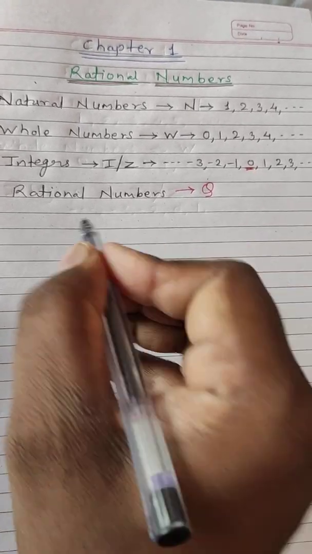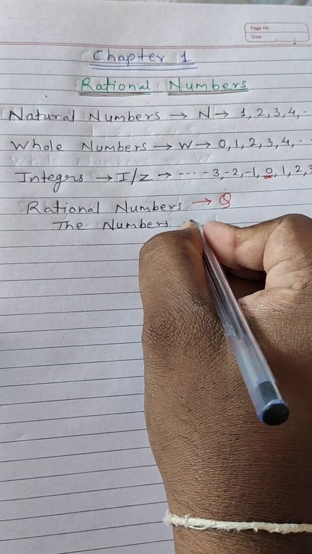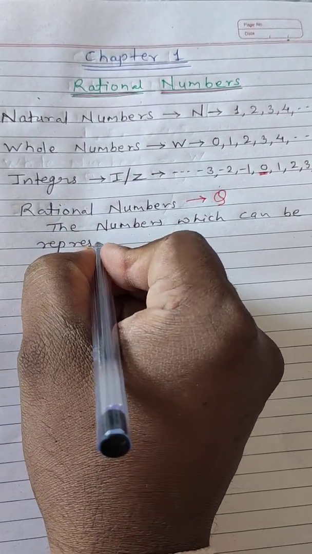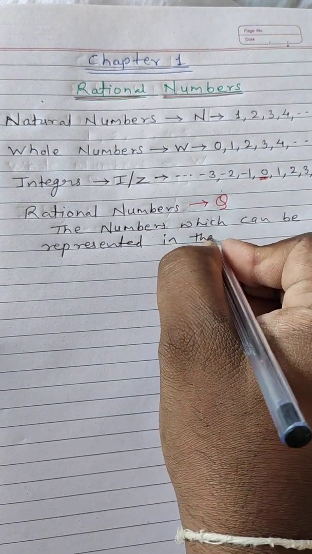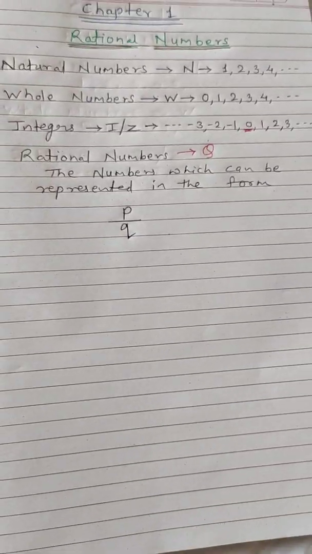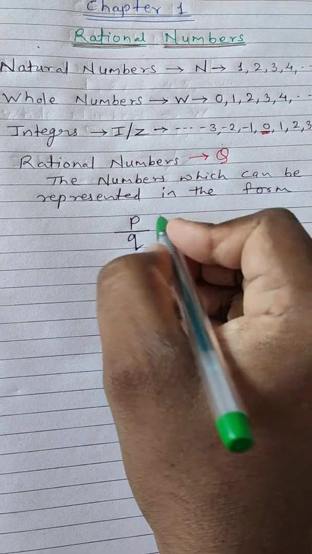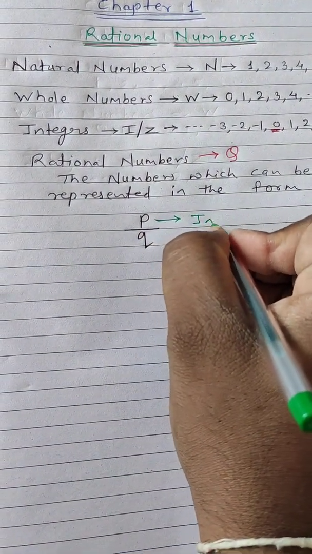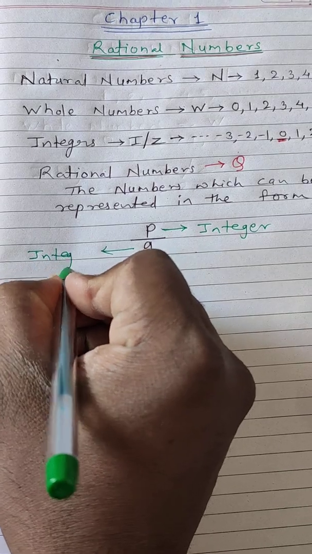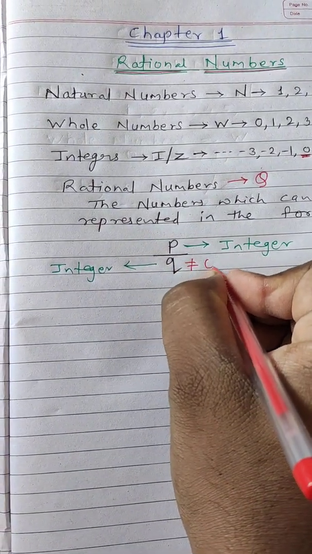Okay, so the numbers which can be represented in the form P upon Q. But here P is an integer and also Q is an integer, and one more thing is there, Q is not equal to 0.